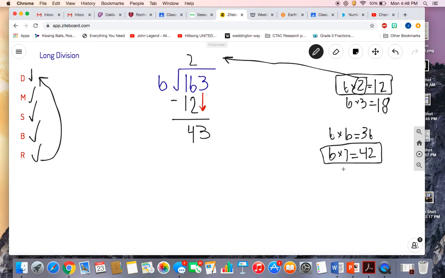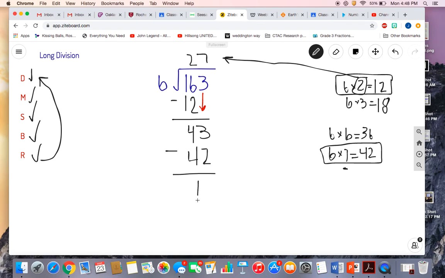So I'm going to take this 7 and place it up top above my 3. And I know that 6 times 7 is 42. And now I have to subtract. And 43 minus 42 is 1.